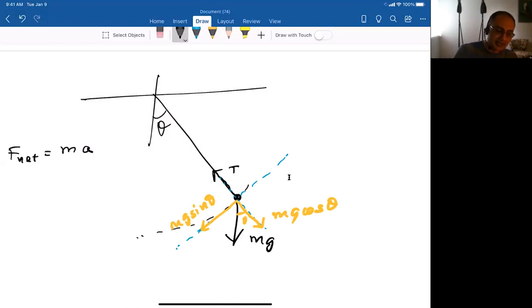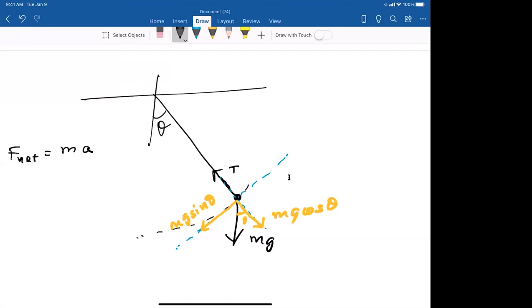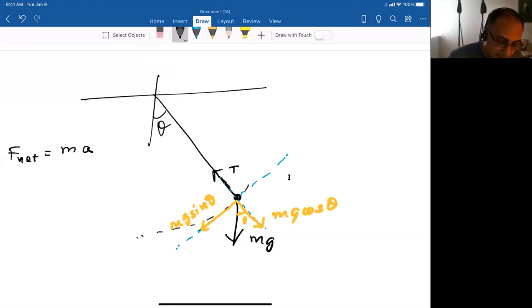So let's start with the radial direction. So in the radial direction, can somebody tell me with the proper sign convention what equation I get? What's the F net part in the radial direction? This is all old stuff, nothing new here at all. It's negative mg cosine theta. Radially inwards is positive. Very good. Any other force in the radial direction?